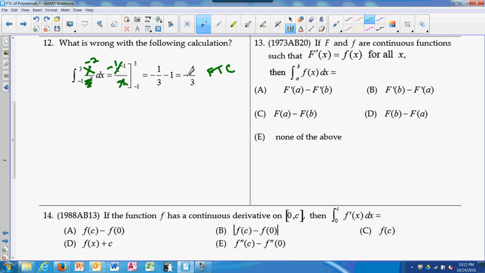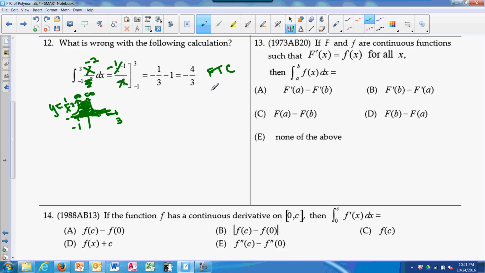I've come up with a negative displacement for 1 over x squared, and 1 over x squared is a strictly positive function. The problem with trying to do this using the fundamental theorem of calculus is we've tried to go from negative 1 to 3 across a vertical asymptote. So what we should have gotten was a positive area, or possibly a positive infinity area.